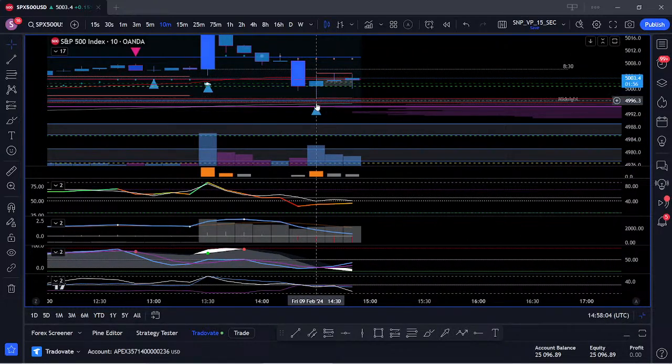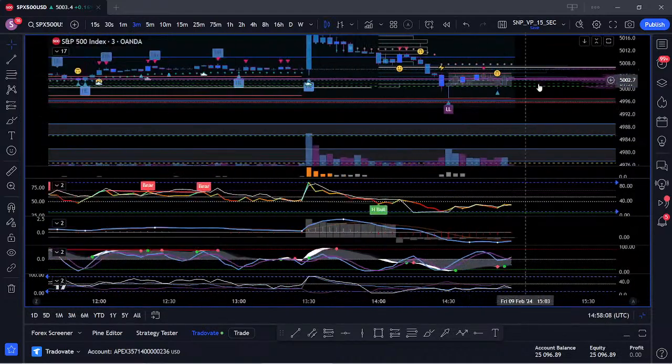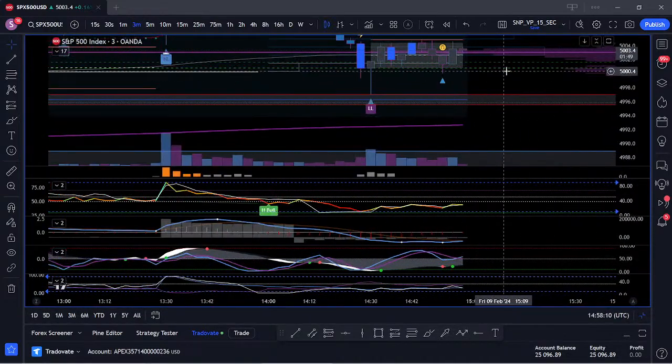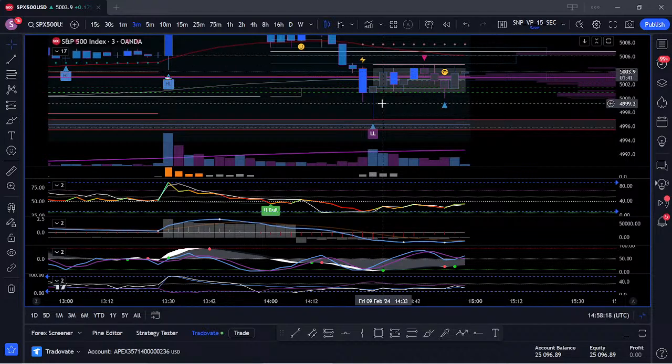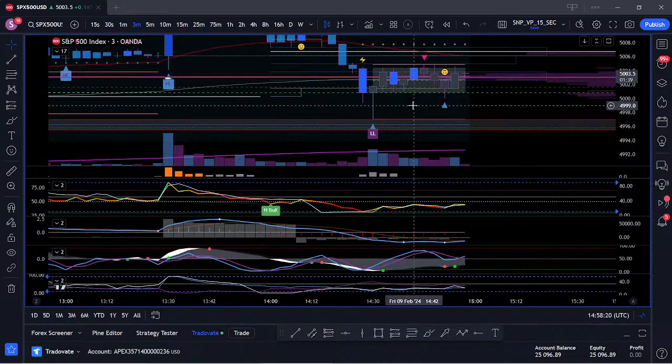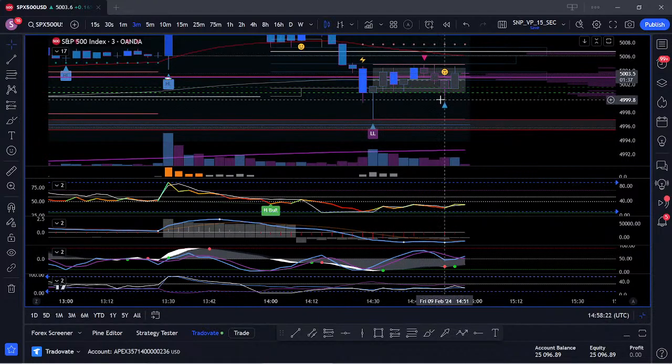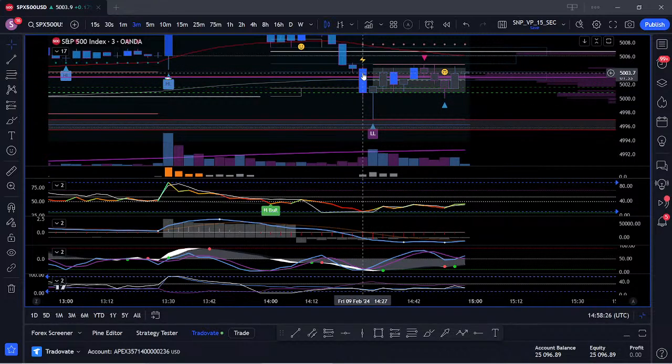Now let's investigate what's inside this bar. Let's go to 3 minutes. So this is sell, this is buy, buy, sell, buy, buy, sell. Okay, so it's having difficulties to go against this sell, but so far there is strong purchase from here, there are sells here.